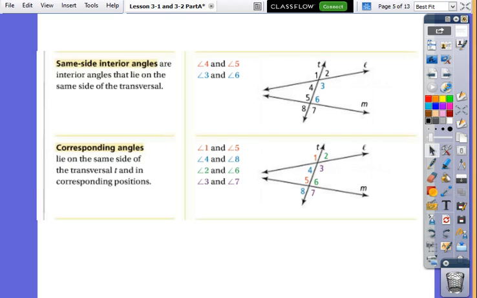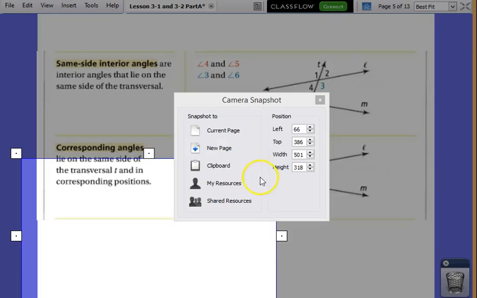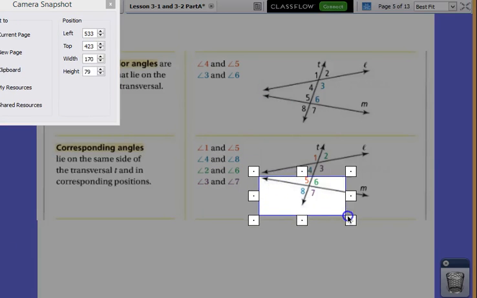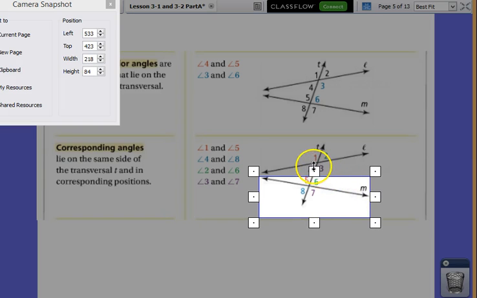Now we're going to talk about corresponding angles. Corresponding angles are like if I took one of the lines and slid it up and rotated it, what angles would be overlapping the other angle? So let me just do that here. I'm going to take a picture of this one right here.